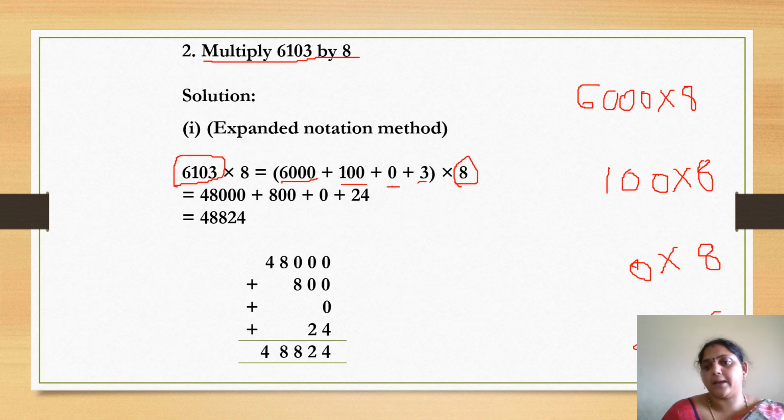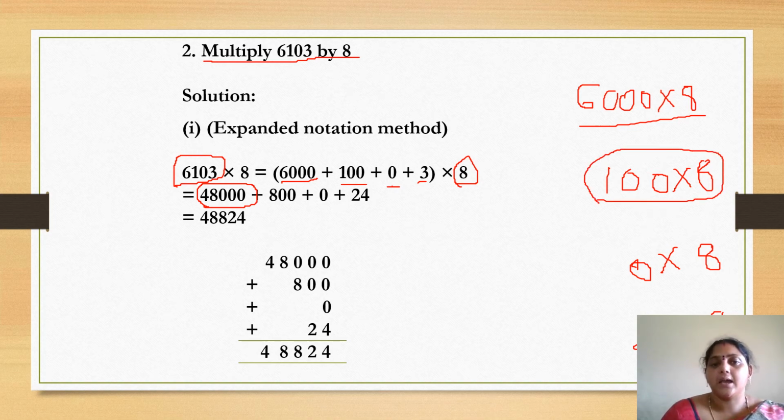If you multiply 6000 into 8, you get your product as 48,000 here. Now plus, when you are multiplying 8 with 100, what is your product? It is 800. As you all know, if any number is multiplied with 0, what is your product? It is 0 itself. So, our answer is 0.